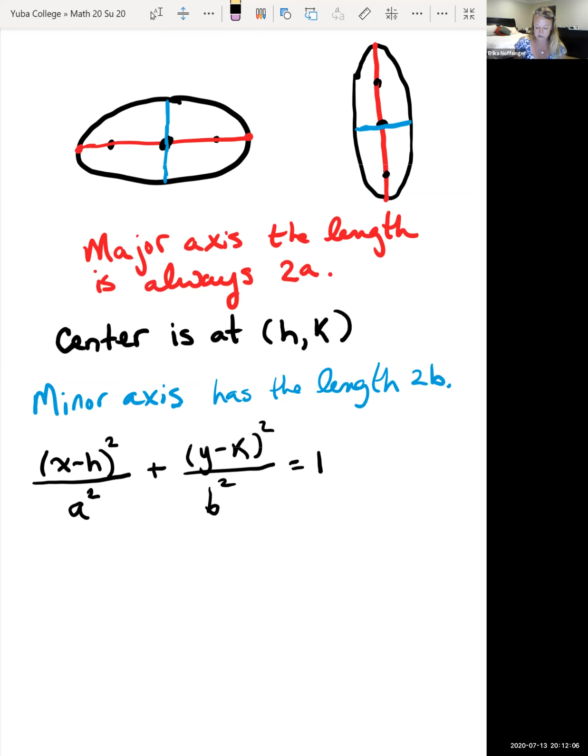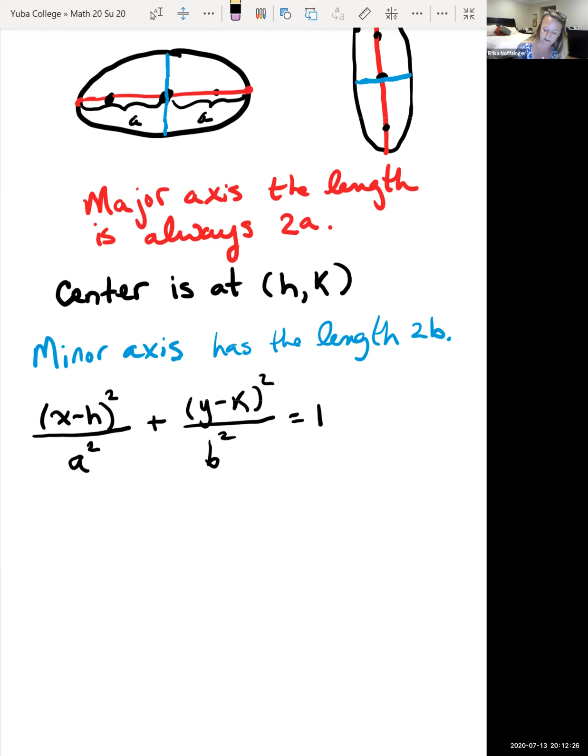This value of a, I was talking about a here. Well, we said that the major axis was 2a. So basically, a 1a here and a 1a here. So these are kind of major points to help us graph our ellipses.